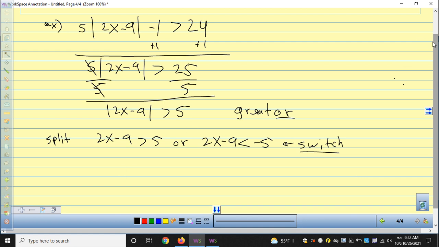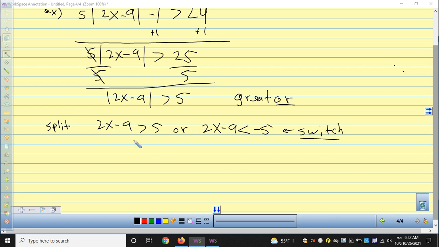All right, so I still want to get x by itself now. So I add 9 to both sides. So I get 2x greater than 14. Divide by 2, and I get x is greater than 7.